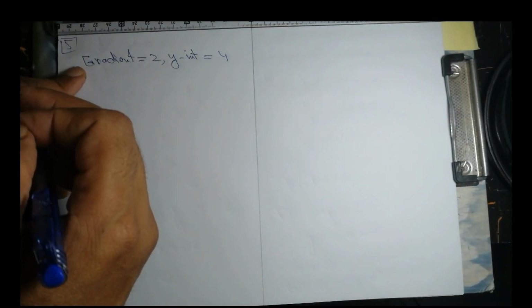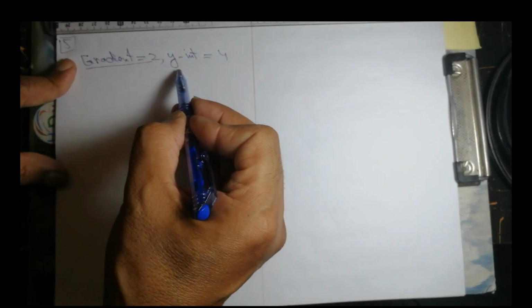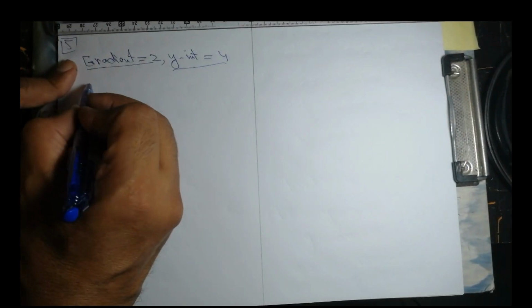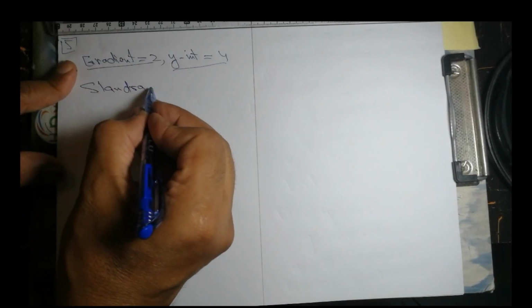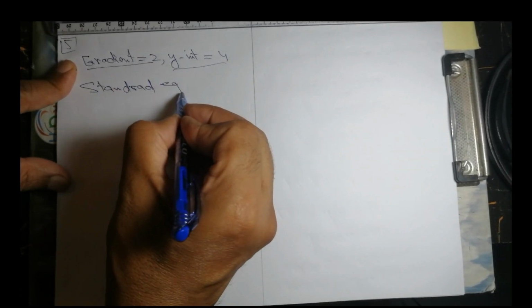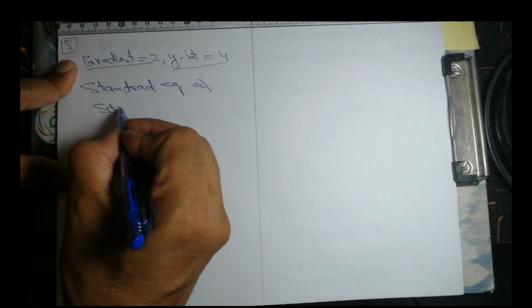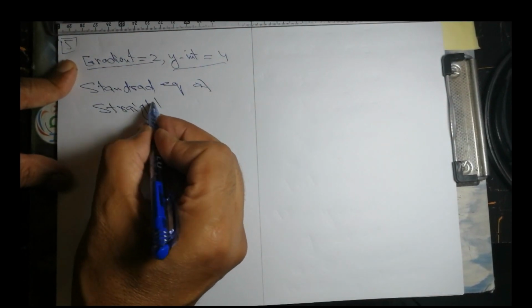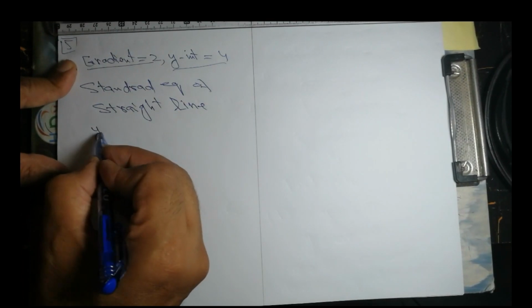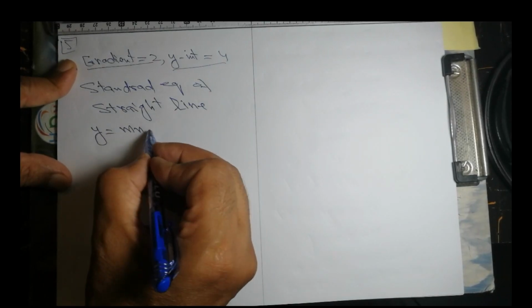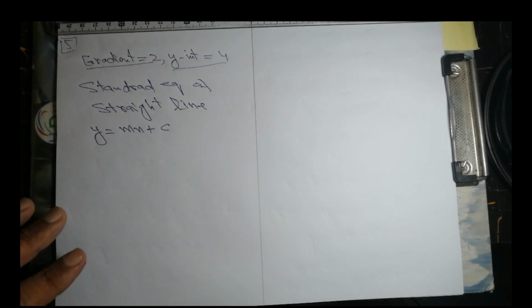Two parameters are given, the gradient as well as the y-intercept. The standard equation of a straight line is y equal to mx plus c.